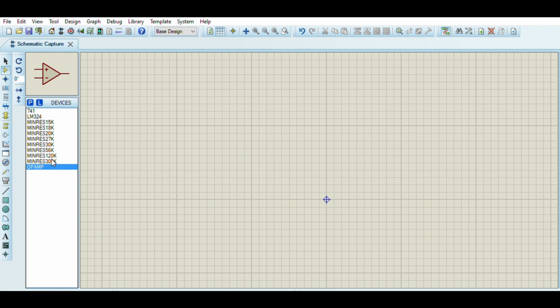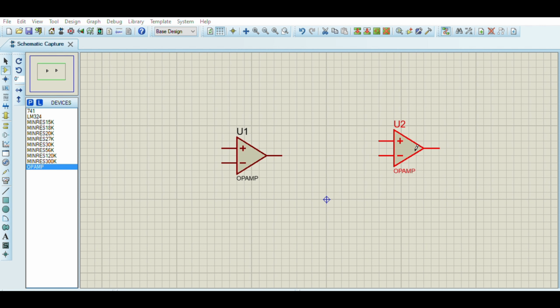First, we need to place the op-amps. We will use 2 op-amps, and we need to Y mirror both of the op-amps, and we need to place the 20k resistor at the center of the op-amps.